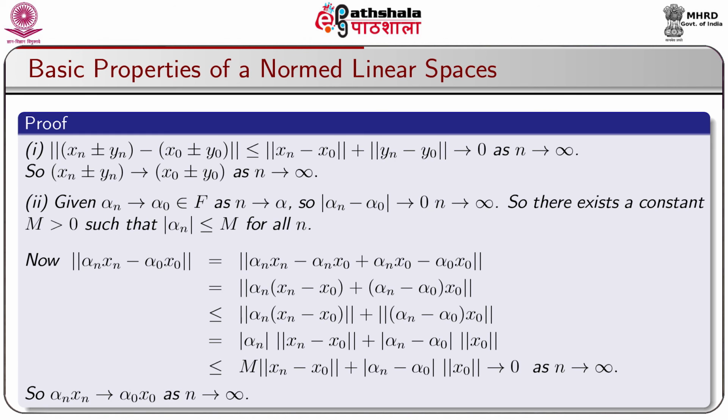So, there exists a constant M such that modulus of alpha n is less than or equal to M. So, alpha n xn goes to alpha naught x naught as n tends to infinity, by the assumption that modulus of alpha n minus alpha naught tends to 0 as n tends to infinity, because alpha n goes to alpha naught as n tends to infinity is given.